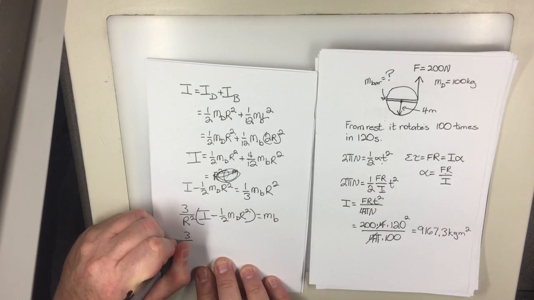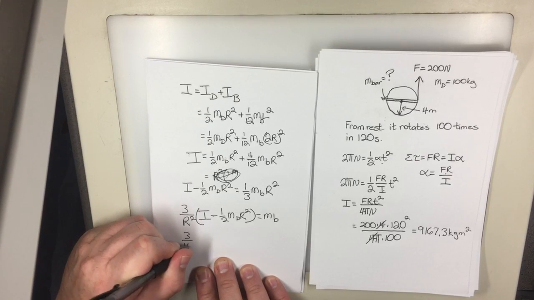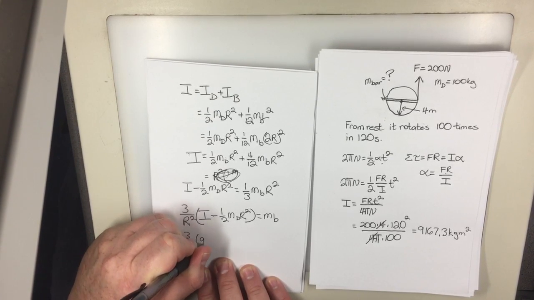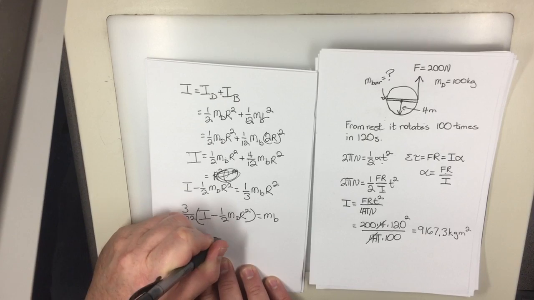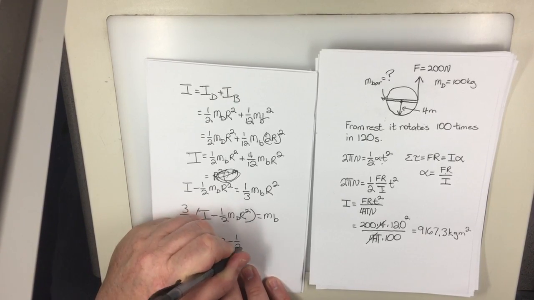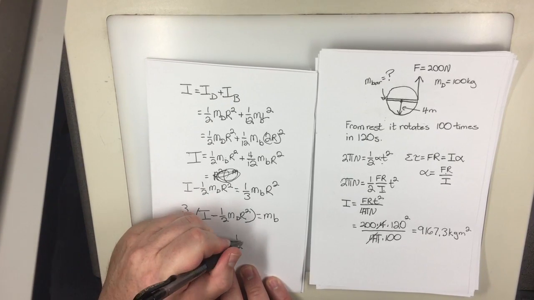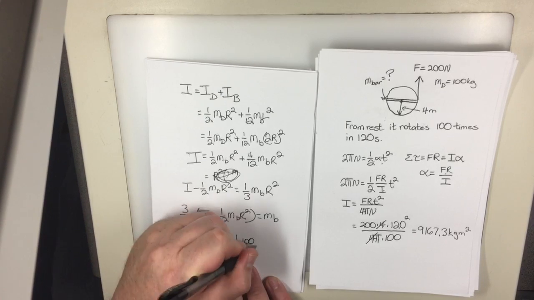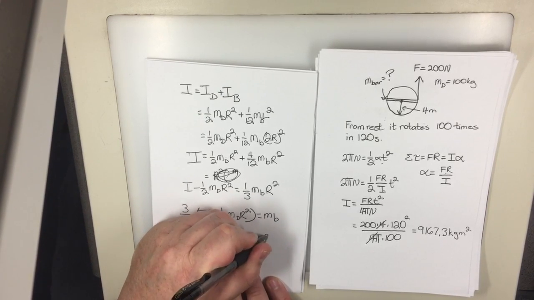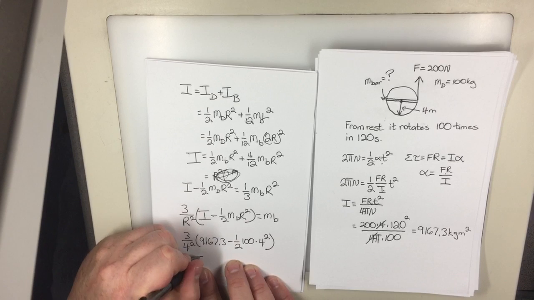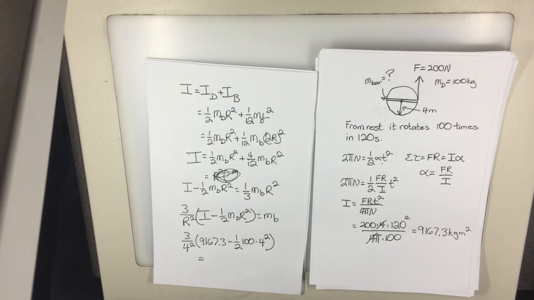So this is 3 over 4 squared times 9167.3 minus 1/2 mass of the disk 100 times r, 4 squared, and that gives me the mass of the bar.